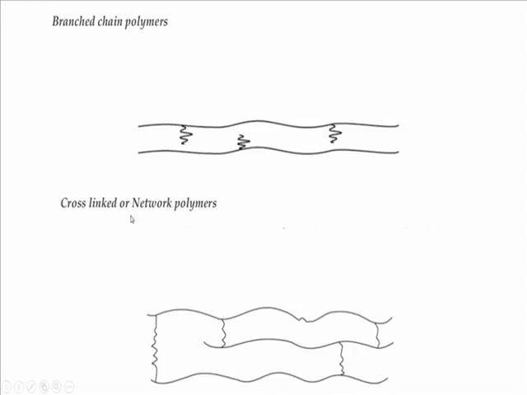Another form of molecular structure is called cross-linking. This usually happens in forms of monomers, and they contain strong covalent bonds between various linear polymer chains that you can see here. Examples are bakelite and melamine, and the picture is schematically shown here.